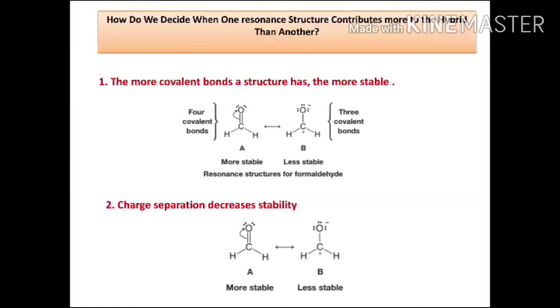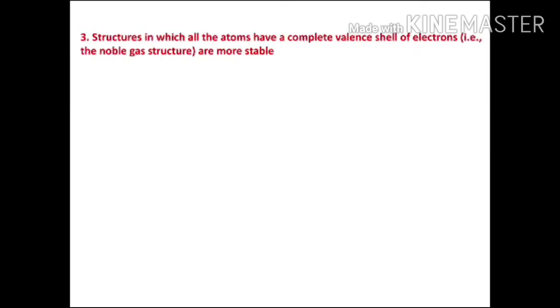The next rule is that an atom having a noble gas configuration, that is its octet, is more stable. A structure obeying the octet is more stable compared to a structure without the octet.